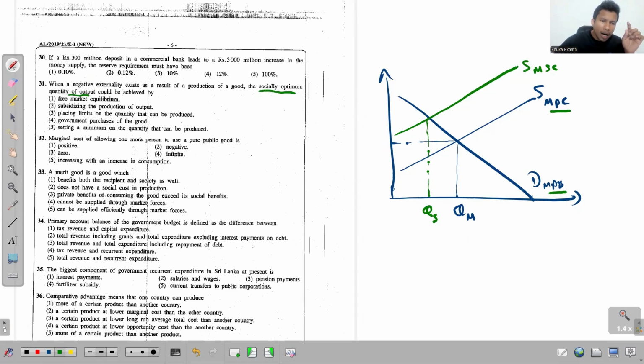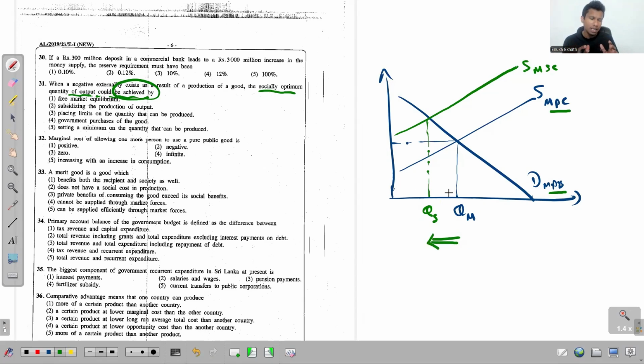Socially optimum quantity of output could be achieved by. So to achieve this socially optimum quantity, the government should try to reduce the market quantity.